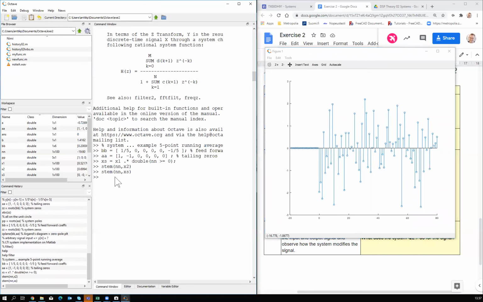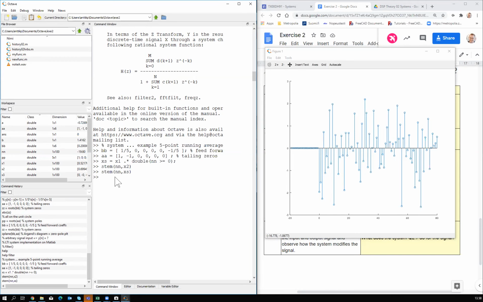I then filter this signal with my 5-point running average system, which should actually reduce the noise. And this is only noise, this signal. So I would guess it looks less noisy, meaning smaller amplitude.